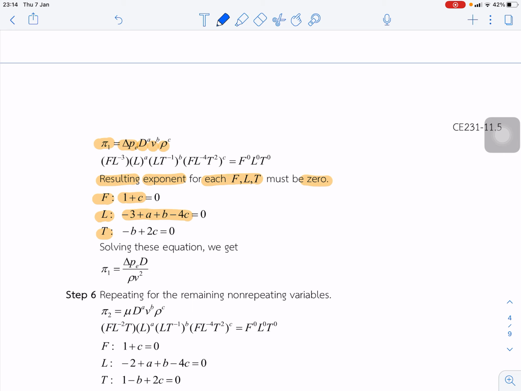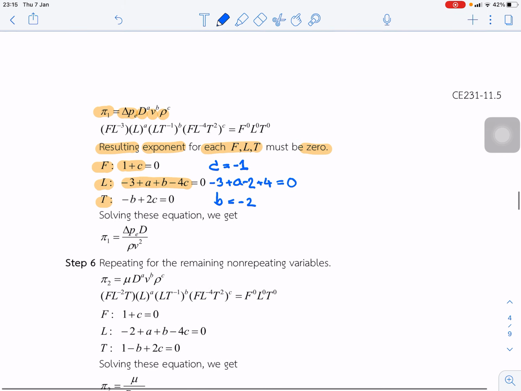So in this case, we can solve for these constants. C is equal to minus 1, and substituting c equals minus 1, we get b equal to minus 2, and we substitute in the above equation. The unknown is a, plus b, where b is minus 2, plus 4c, equal to 0.